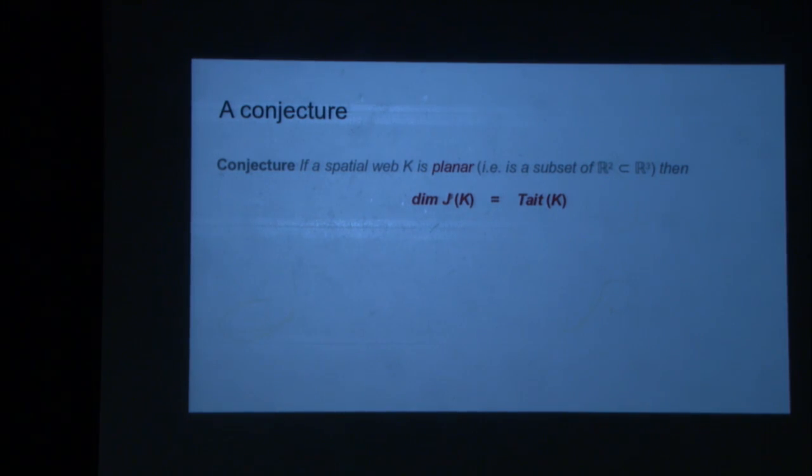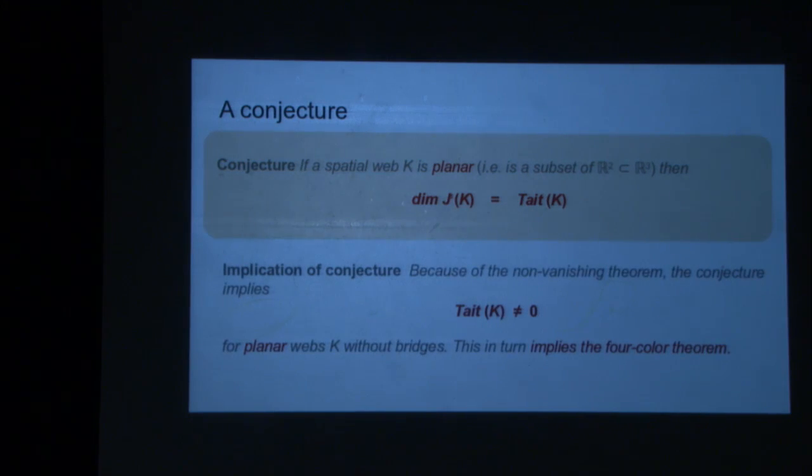A little bit in my talk, perhaps a little bit more in Tom's talk afterwards, this conjecture will be elaborated on to see why it might be connected with some reasonable mathematics. But for now, the main point for me is the implication of this conjecture. 2 slides ago, we saw a non-vanishing theorem. We said that the dimension of J sharp was non-zero.